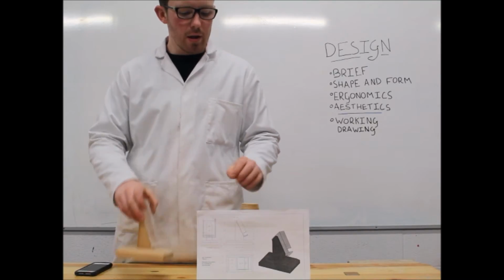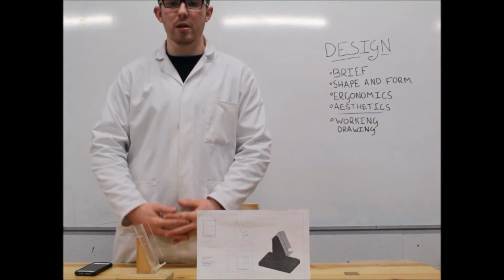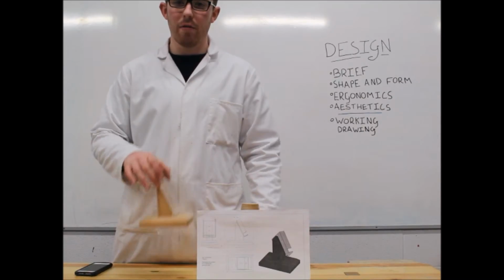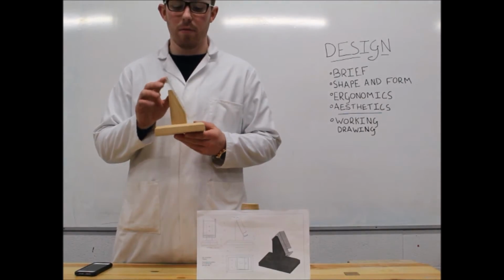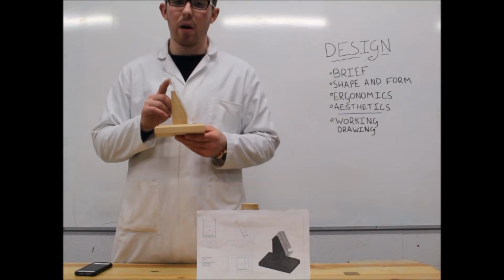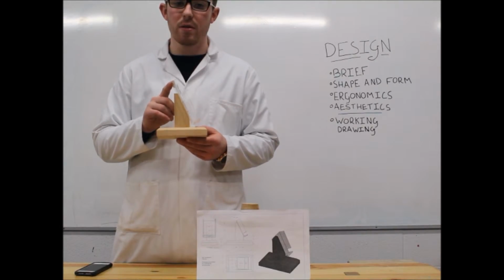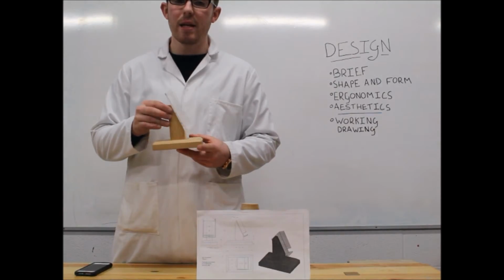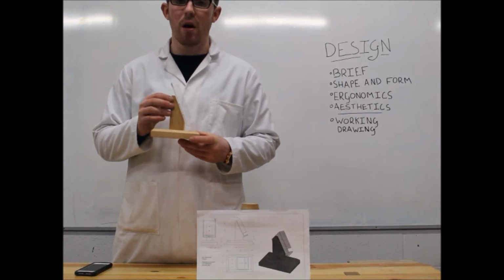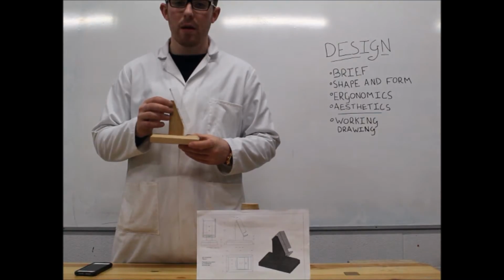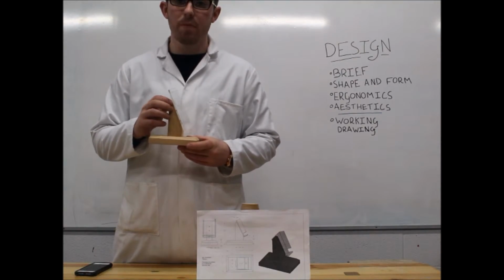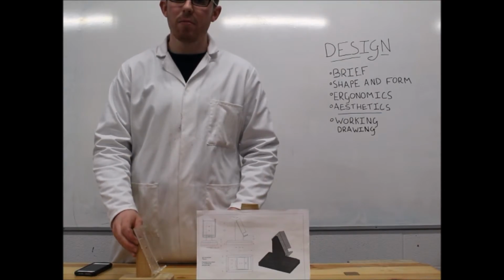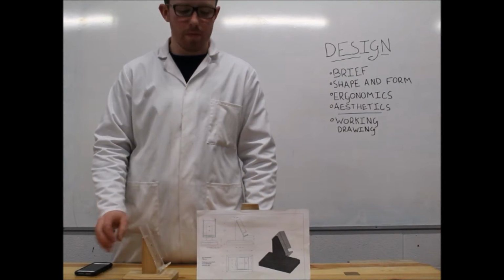Our working drawing is generally a single sheet. It can be done like this one, where we have our finished product and all the dimensions come from this, or sometimes it has each individual component on its own. You should get very familiar with reading a working drawing and even producing a working drawing.